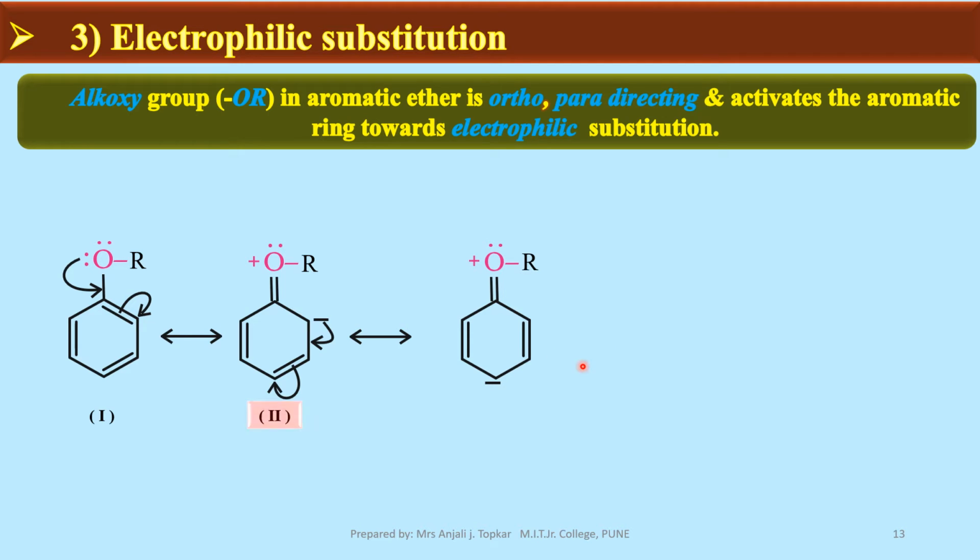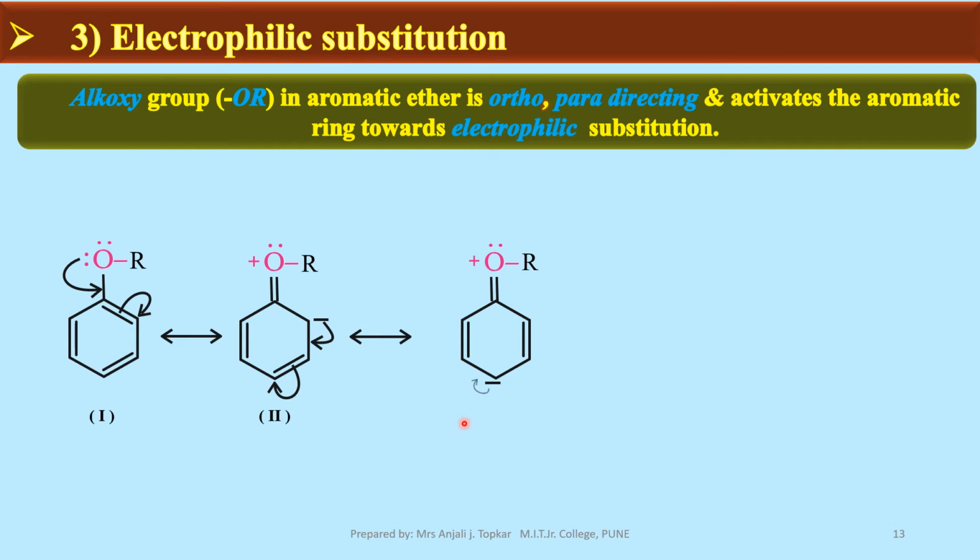Carbon atom carries negative charge. These electrons move here in between the two carbon atoms, due to which the electron density on this carbon atom increases and this double bond breaks and the electron moves to this carbon atom. Thus, this carbon atom carries negative charge as it can be seen here, giving rise to the next resonating structure.